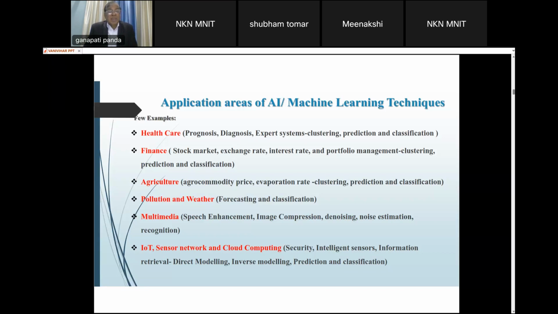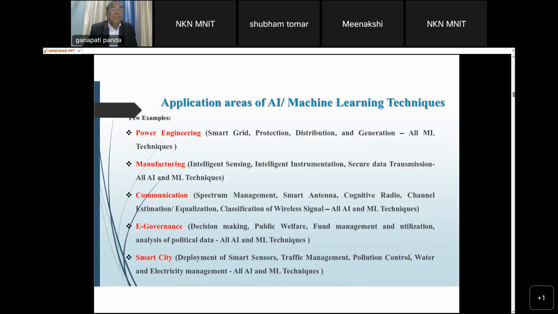IoT, sensor network, cloud computing. Today, for security, machine and deep learning techniques are extensively used. Power engineering is used for smart grid, protection, distribution, and generation. All machine and deep learning techniques.